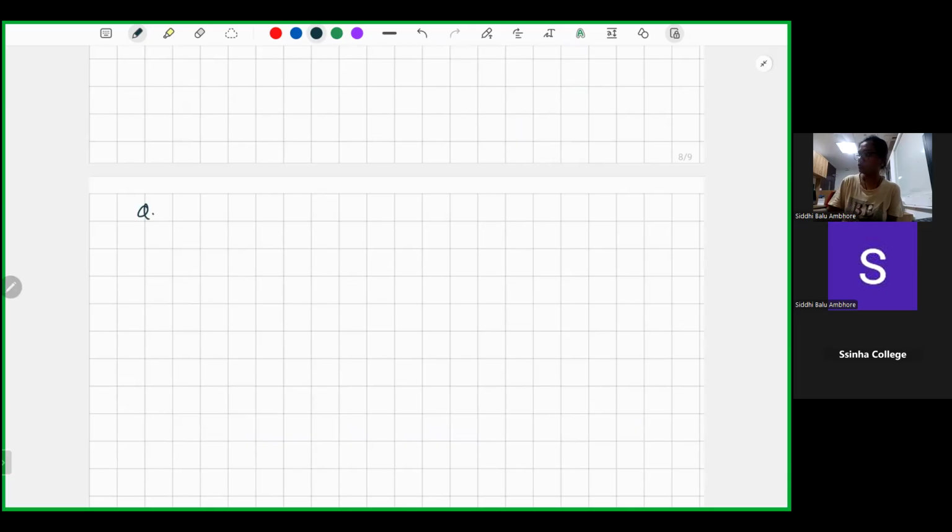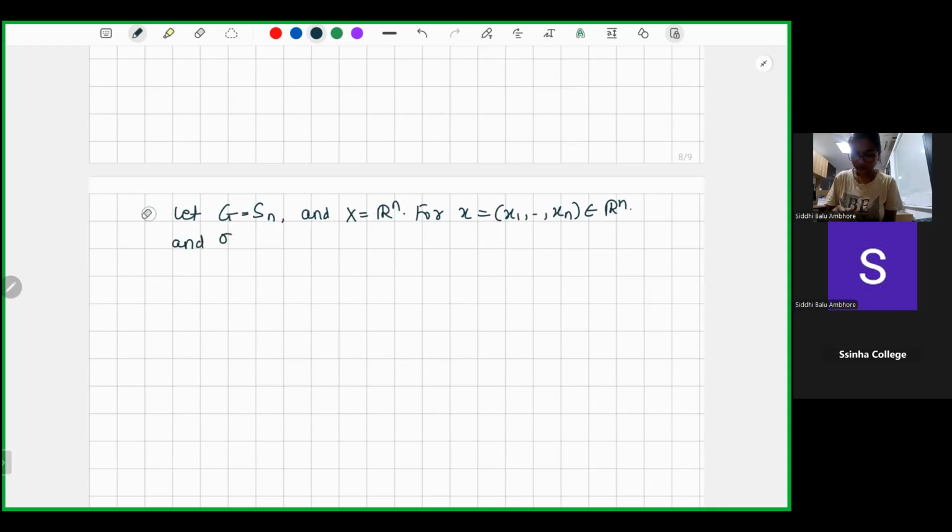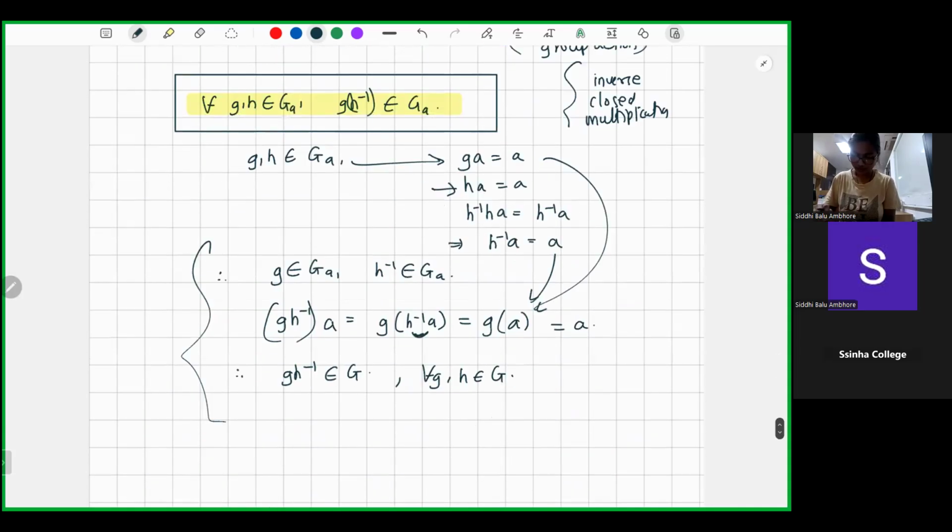Okay, so let G be Sn and X be Rn, for x equal to (x1, ..., xn) in Rn. This is question 5, I think.